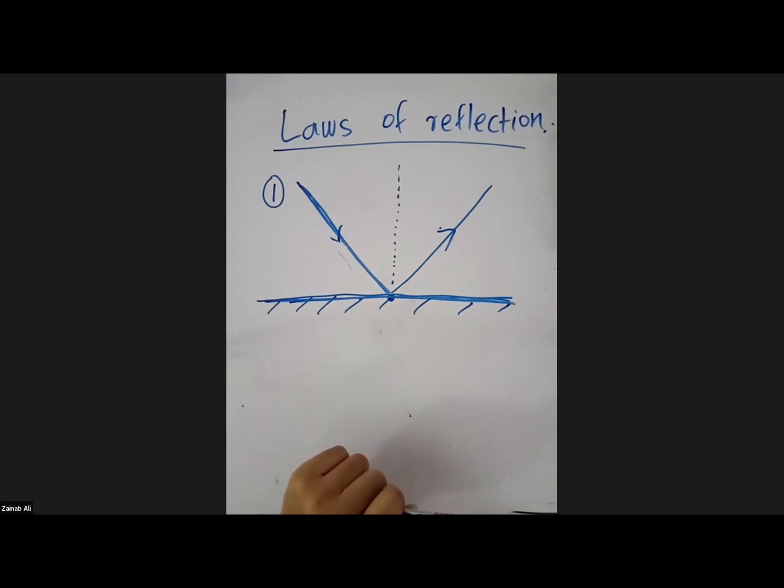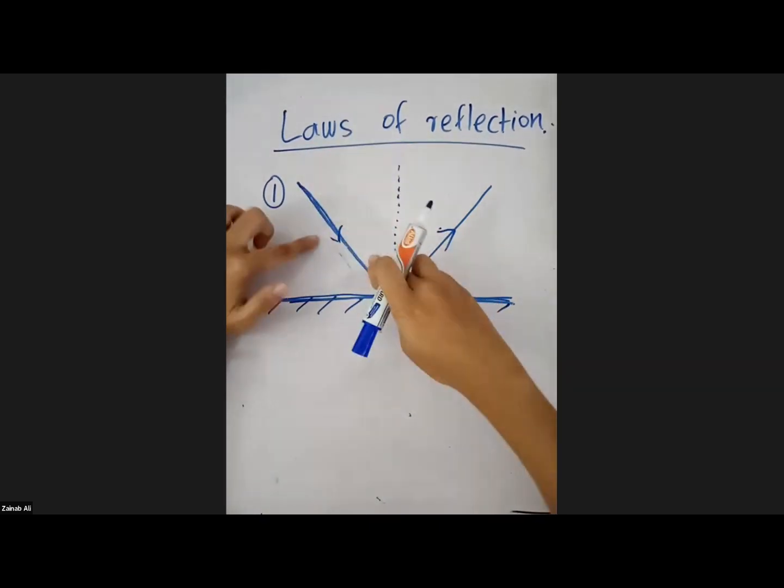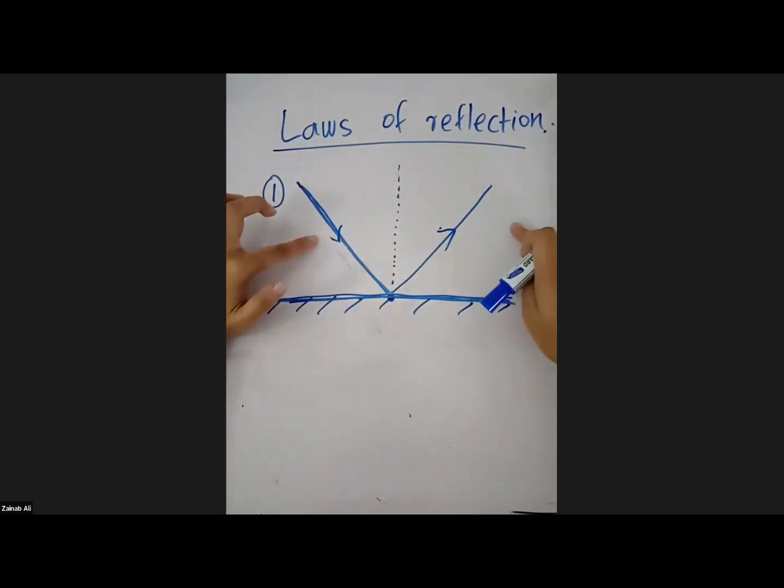The incident ray, the reflecting ray, and the normal, these rays should lie in the same plane. Yeah, that's correct. Listen carefully, I am repeating it again.